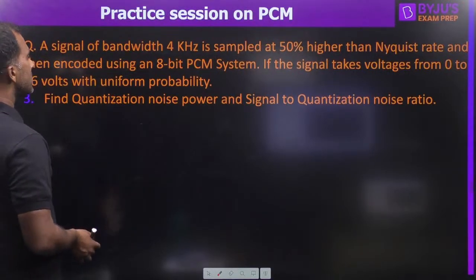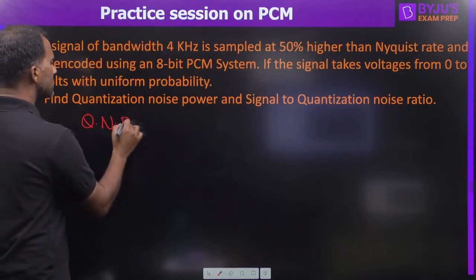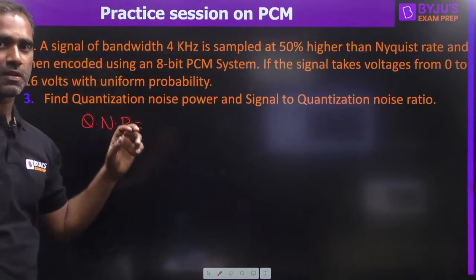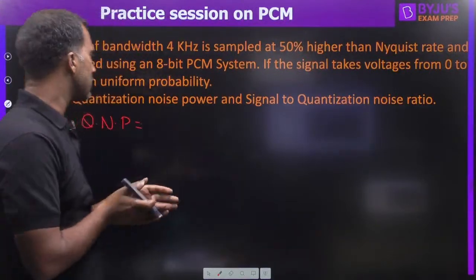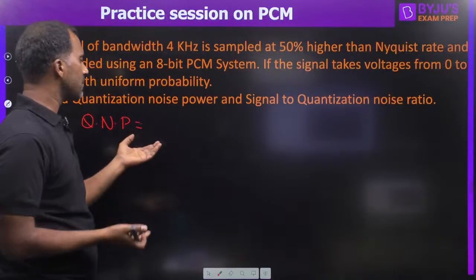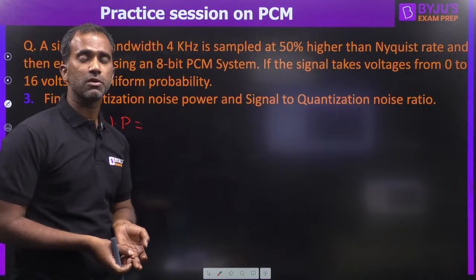Okay, now let us find the quantization noise power. Is it easy or difficult in this problem? If you remember the content I have told you in this class, it's very easy to find the quantization noise power. Or you can go with the basics also, expectation of QE square. If you want to find expectation of QE square, we need the PDF of QE.